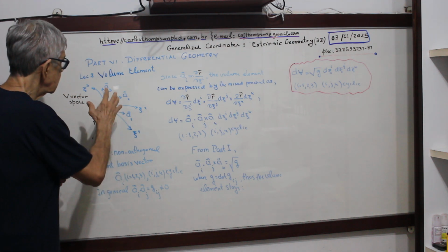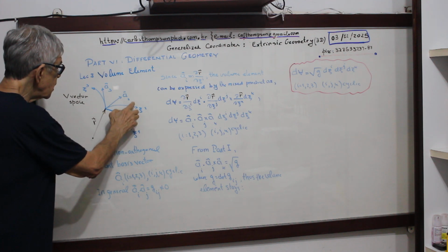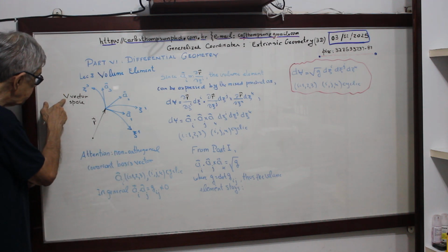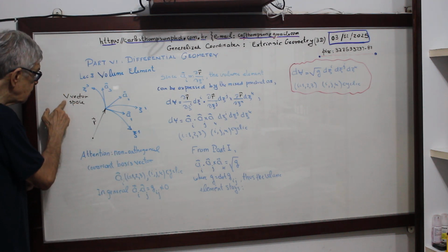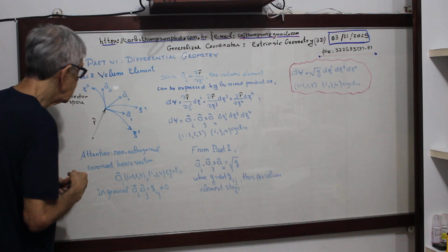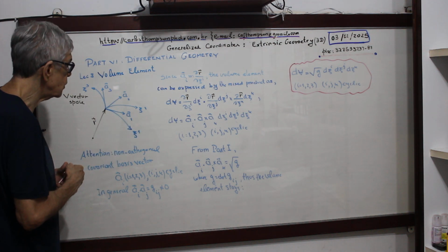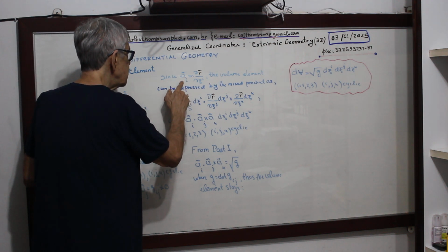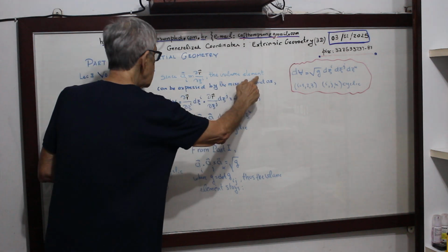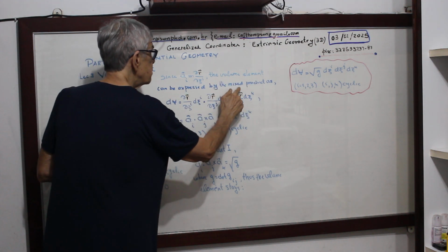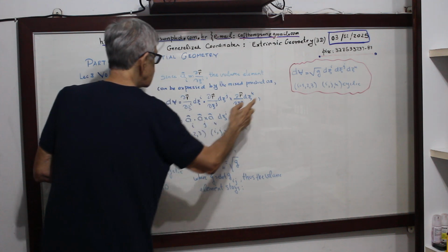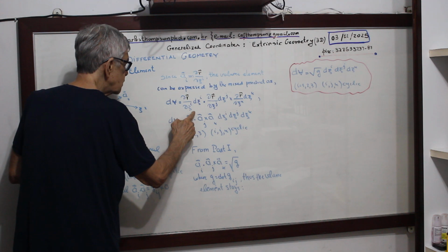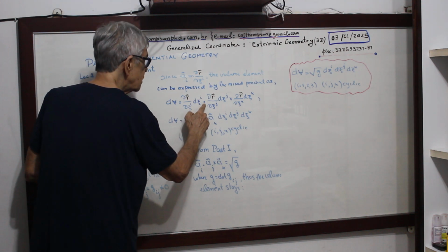Now, you see this A1, A2, A3 are the basis vectors, belonging to the V vector space, okay? This is vector space. Also, the contravariant coordinates. Now, since the definition of the basis vector, the volume element can be expressed by the mixed product as dV is partial R with respect to xi, dxi, dot.